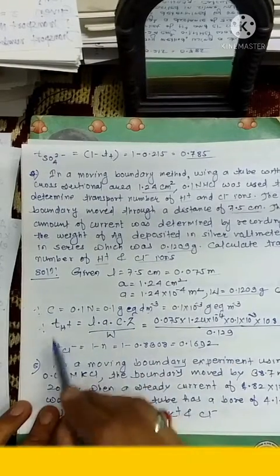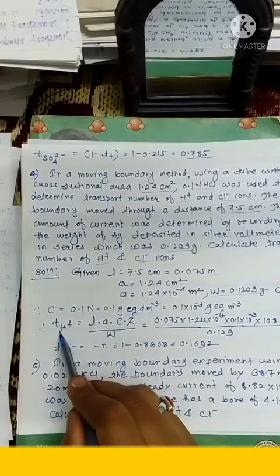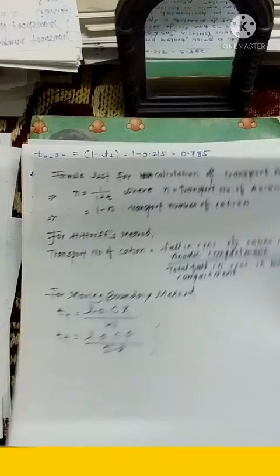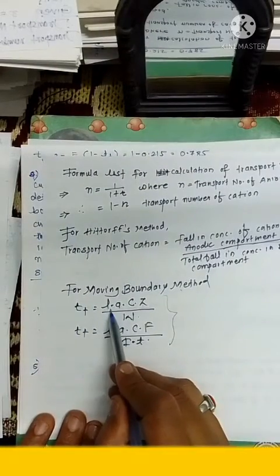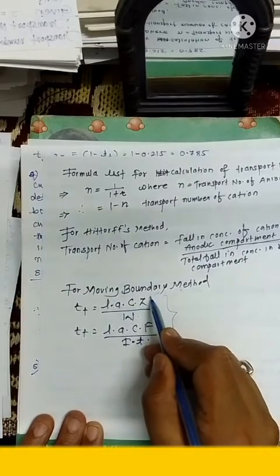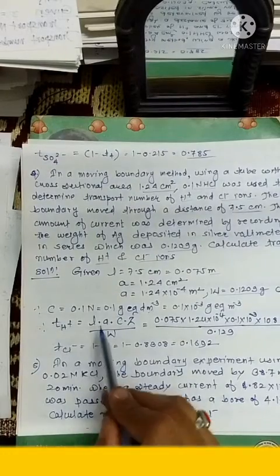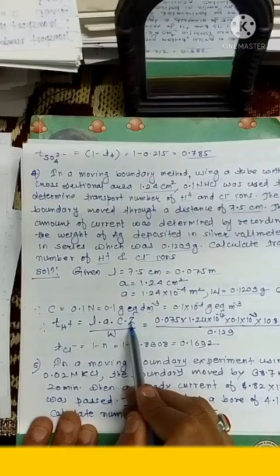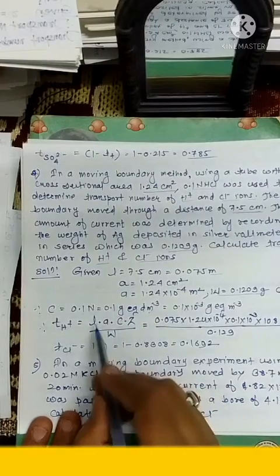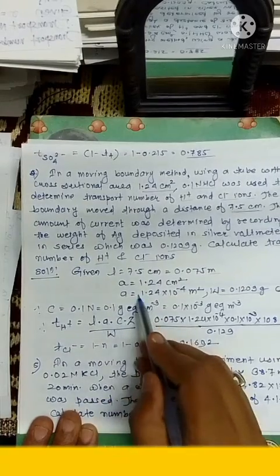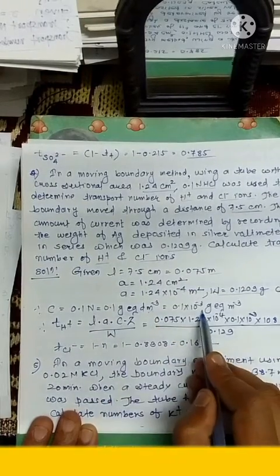Now we have the formula: t+ is equal to L × A × C × Z divided by W. We have the value of L, the value of A, the value of C.